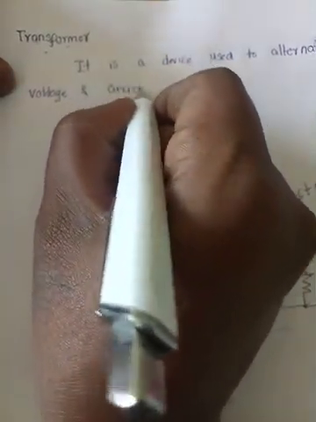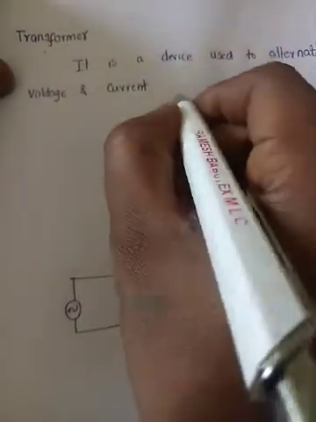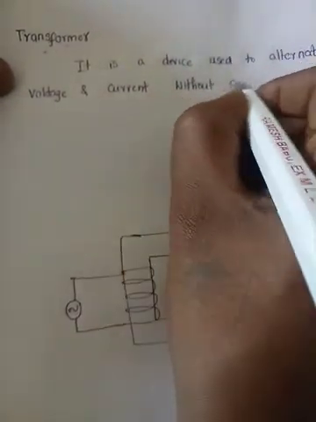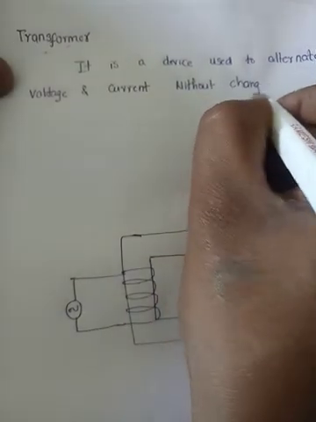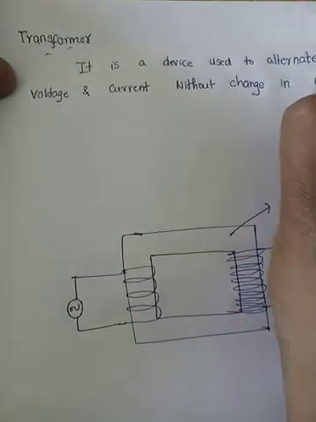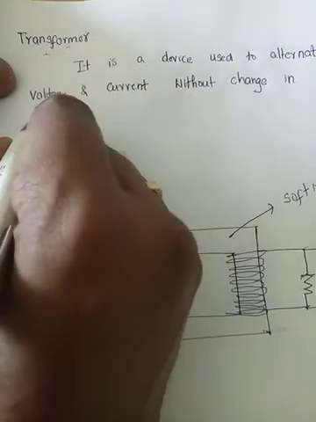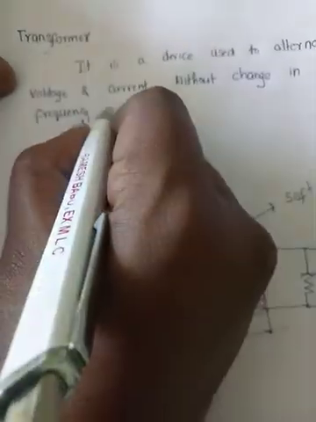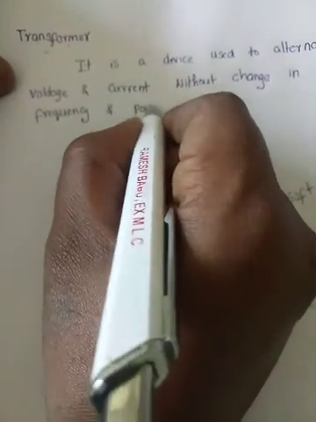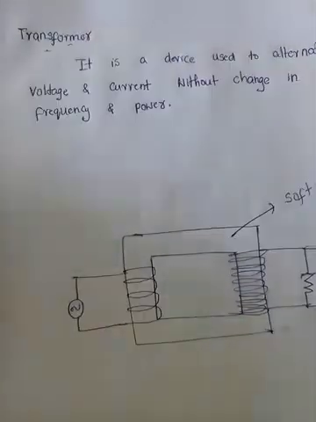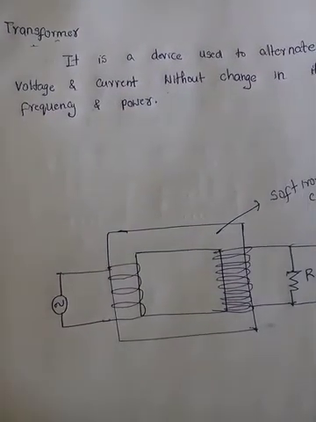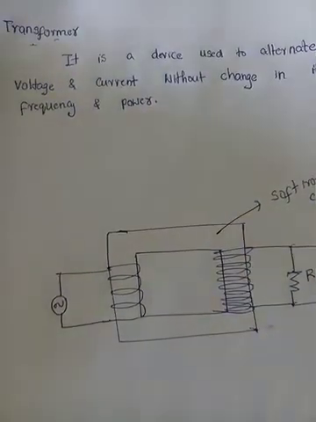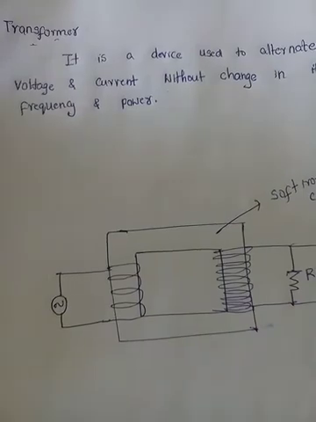So we can change voltage or current, with the condition that there is no change in frequency and power. We are not going to change its frequency and power, but we can alter voltage and current. At last we will discuss the special use of changing voltage.